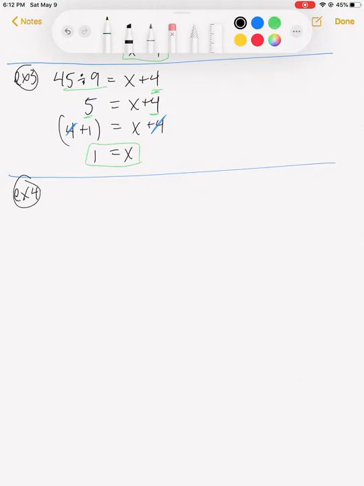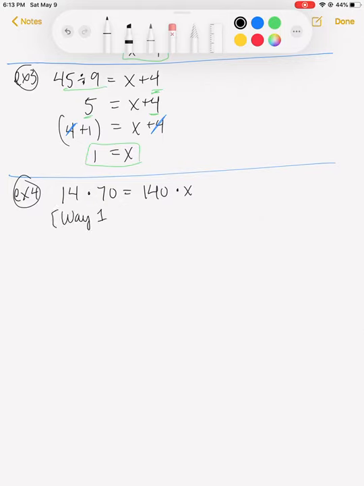Example number 4. 14 times 70 is equal to 140 times x. Okay, so this one can be done in a couple of ways.